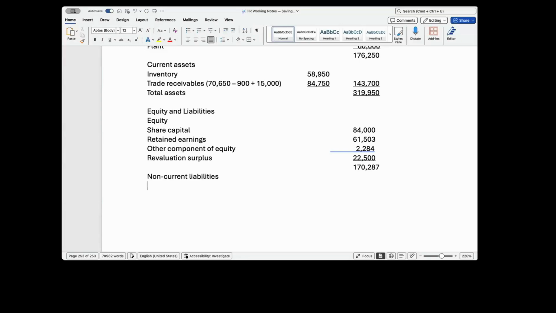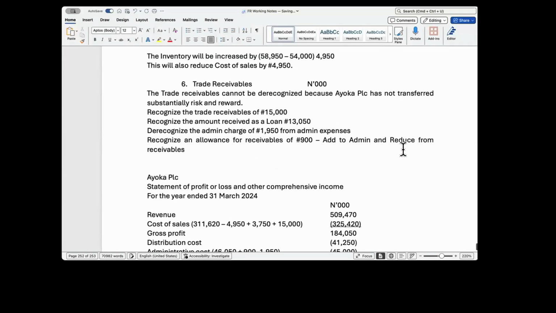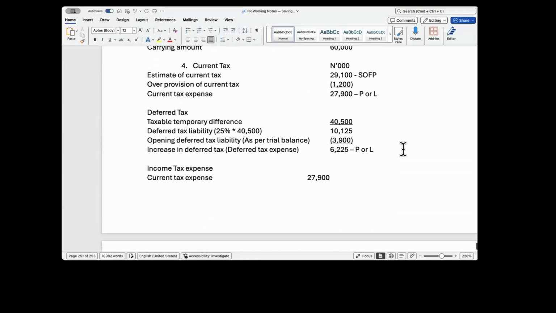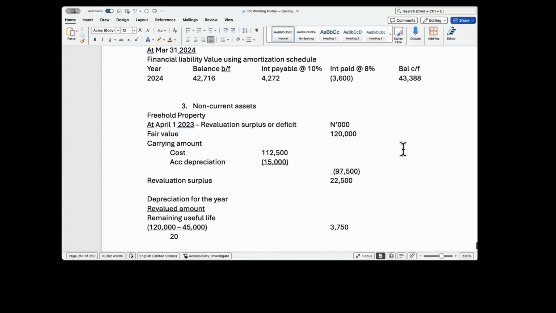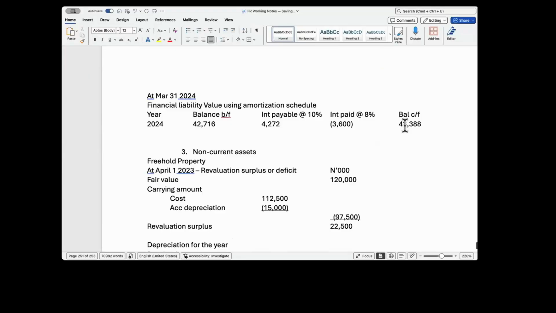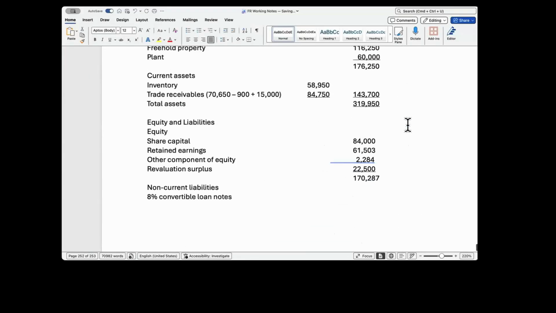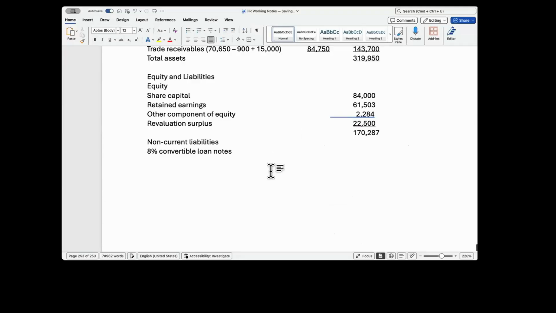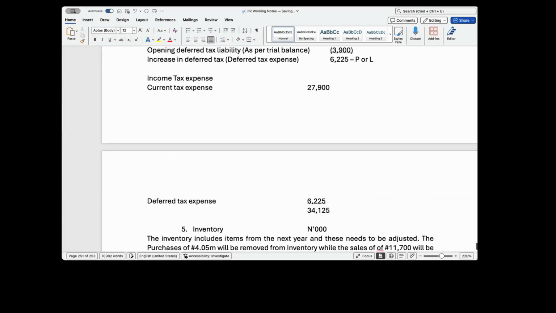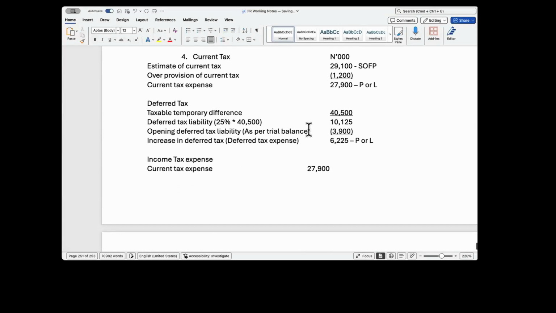Under my non-current liabilities, I have the 8% convertible loan notes. And we got the value as what? We got the value as 43,388. And there's the deferred tax.